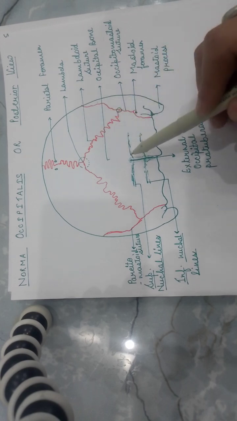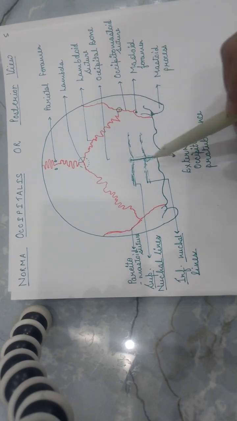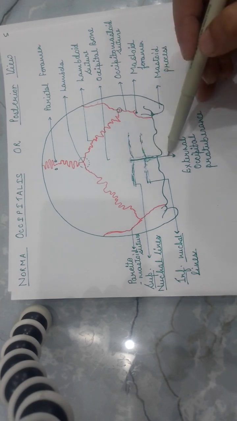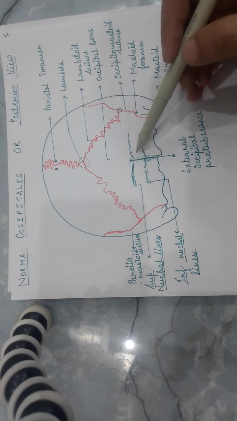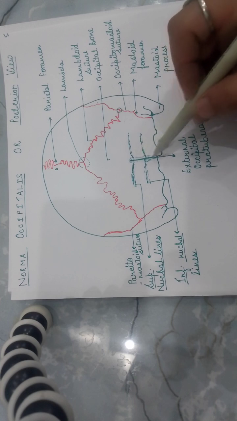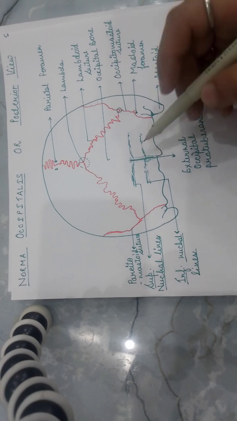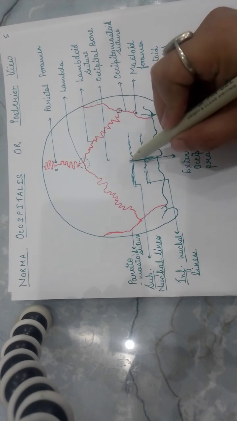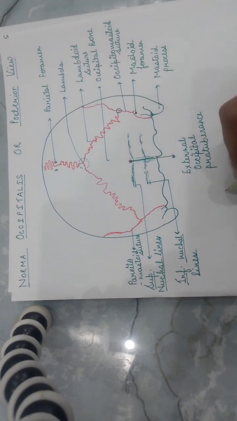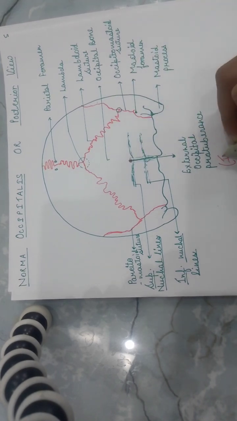Now external occipital protuberance. This is external occipital protuberance. It is the median prominence in the lower part of this norma. It marks the junction of head and neck. The most prominent point on this protuberance is called inion.